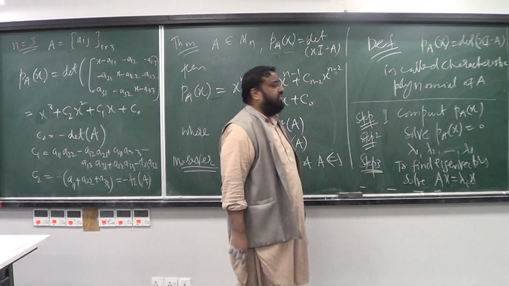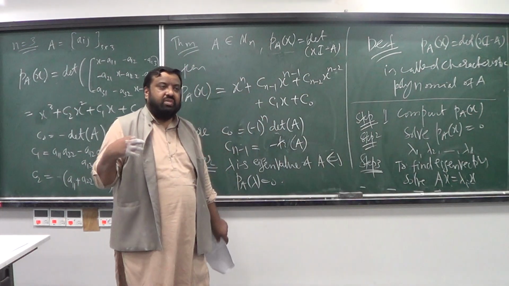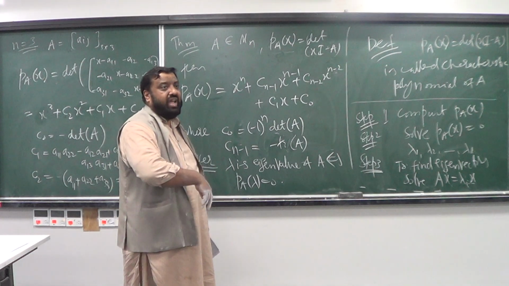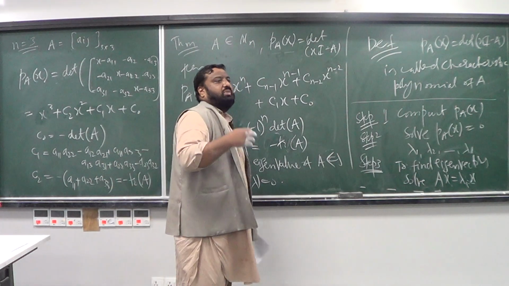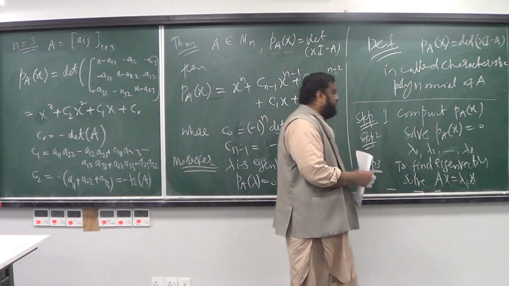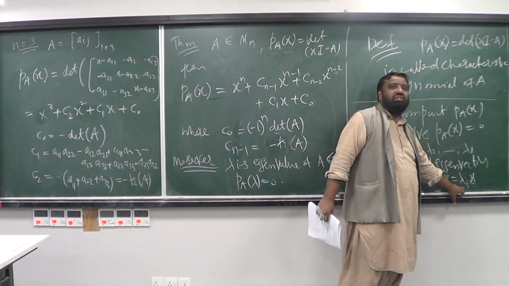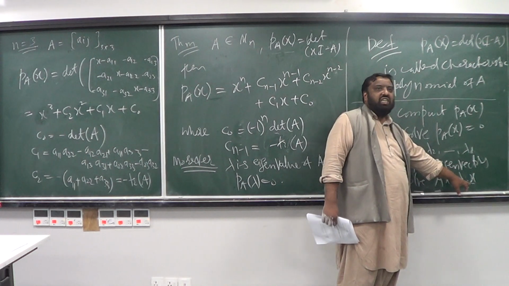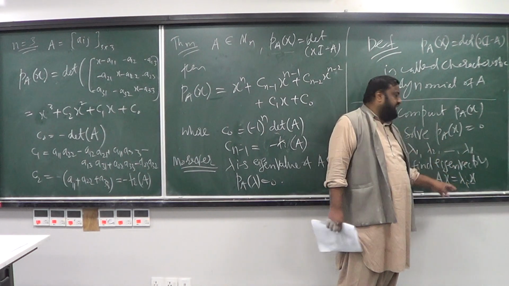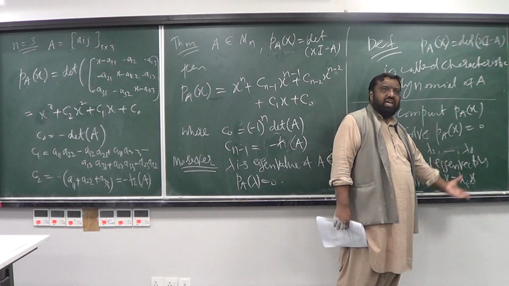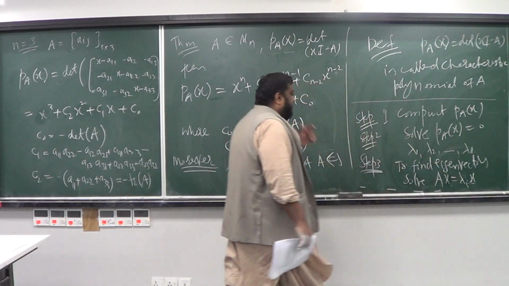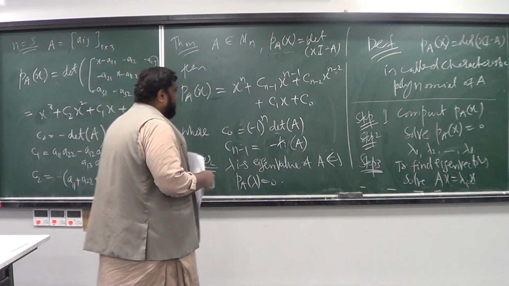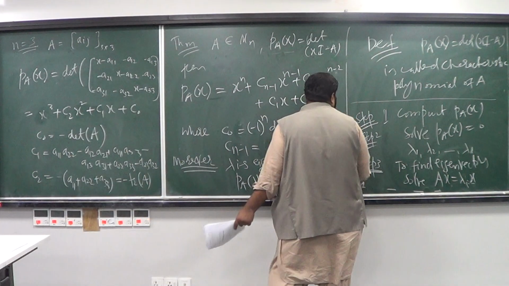This is going to give you the eigenvectors corresponding to the eigenvalue lambda i, which is also the eigenspace of the matrix for the eigenvalue lambda i. The collection of all such x which satisfy this is the eigenspace of the eigenvalue lambda. So that's essentially what you have to do.